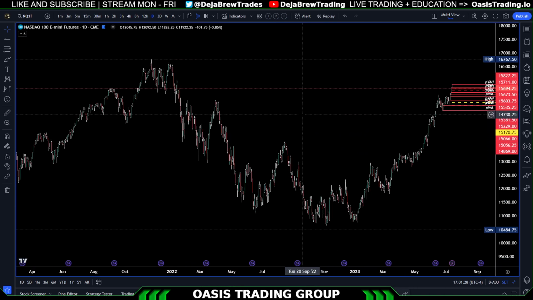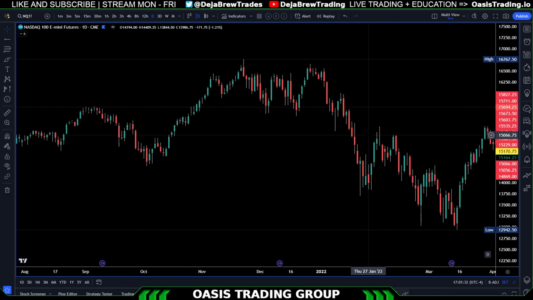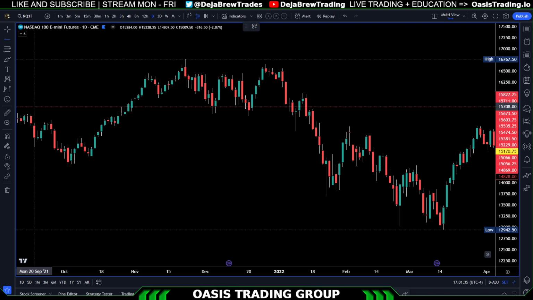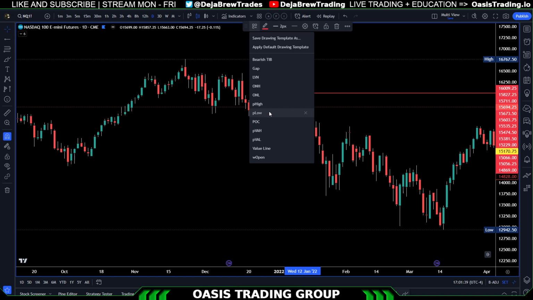NQ is getting very close to its all-time high, so we don't have that many levels left. Let's go ahead and grab this local high right here. Or I shouldn't say local, it's pretty old.